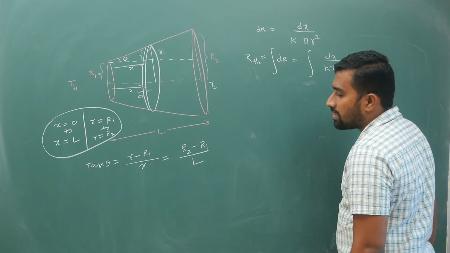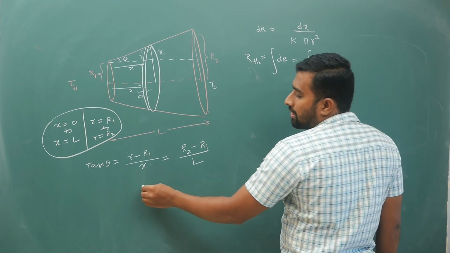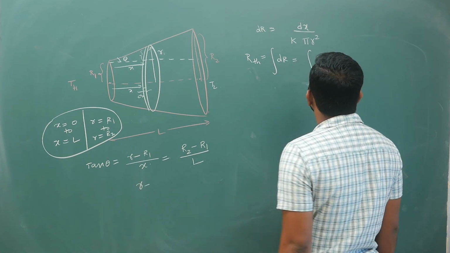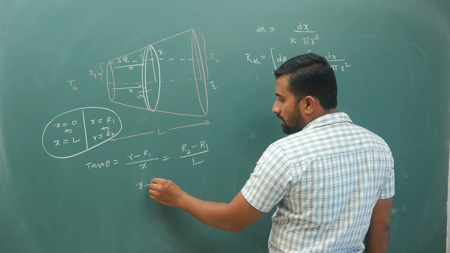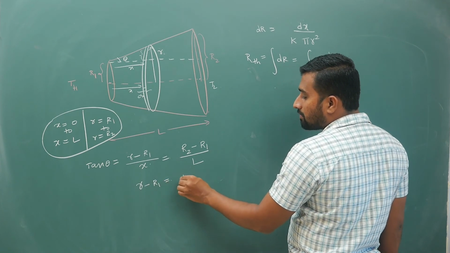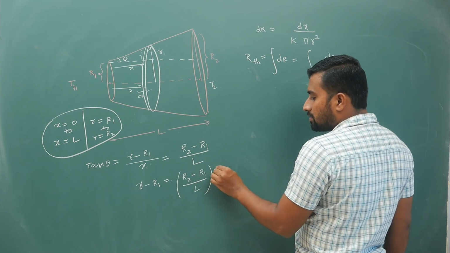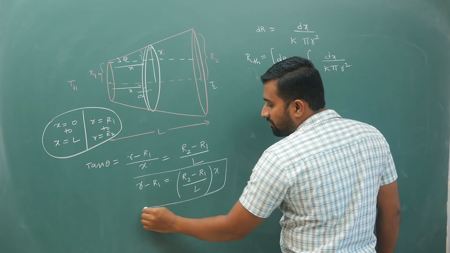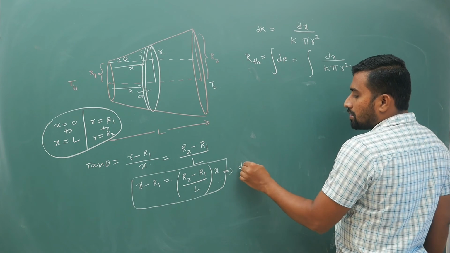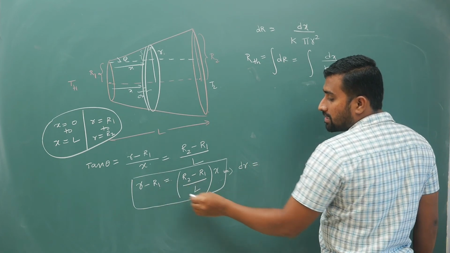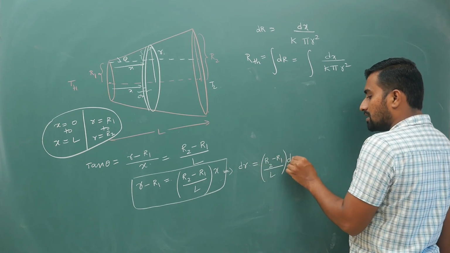Now from here, I will try to express in terms of r, that is better. No, I think it's better you try to express in terms of x, that is purely your choice. From here r minus R1 is R2 minus R1 by L times x. Now if you differentiate this term, this part is anyhow constant, so dr will become R2 minus R1 by L times dx.